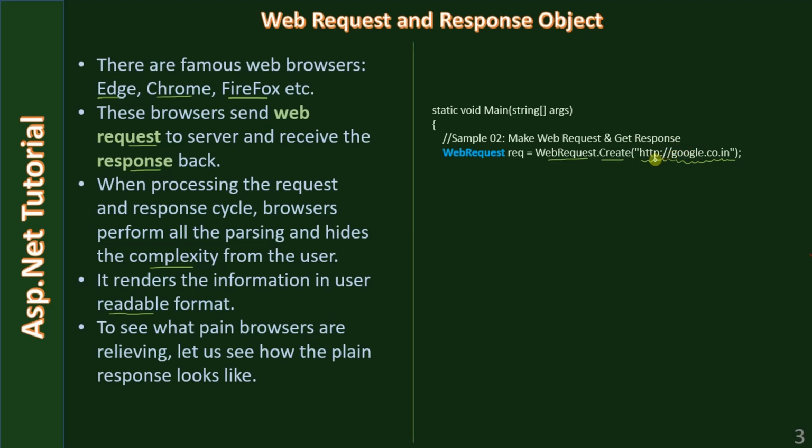We want to get to the google.co.in website, and we are forming the web request and sending that request to this server. So this is the web request, REQ. We have just formed the request.